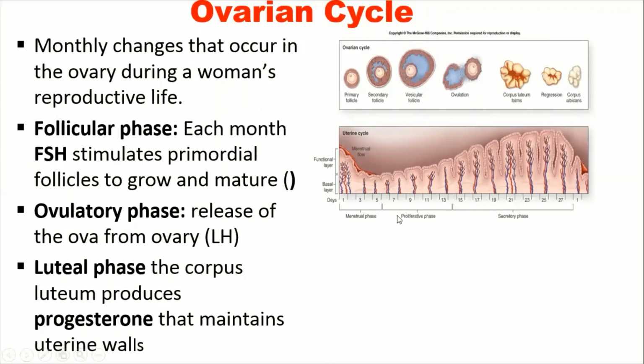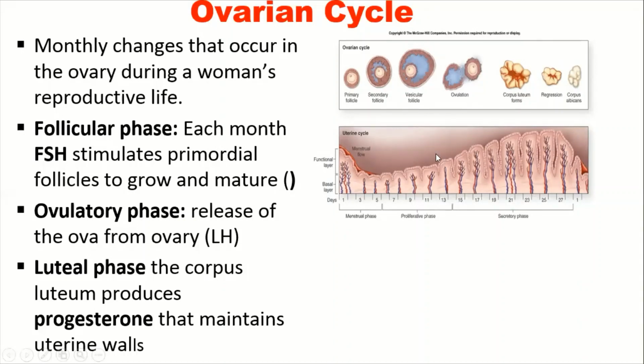Each month, FSH, the follicle stimulating hormone, stimulates the primordial follicles to grow and mature. So primordial will be converted into primary, then primary to secondary. This phase is under the effect of FSH, so it is called the follicular phase. After that, once the follicles are formed completely, there will be ovulation.